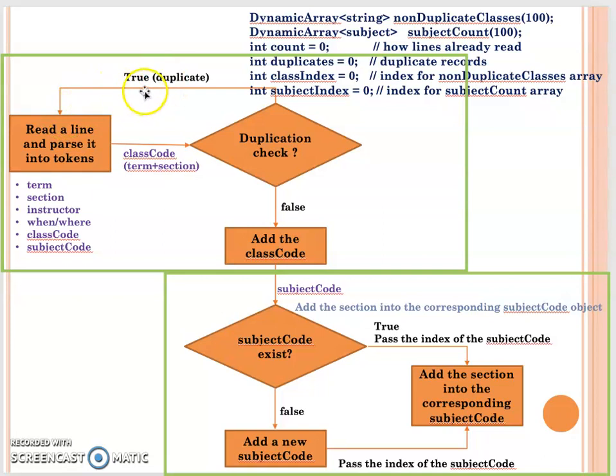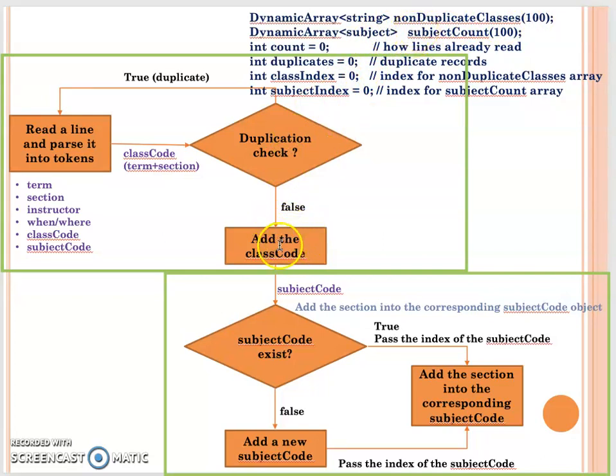On the other hand, if it's not a duplicate, that means when I check this new class code against my non-duplicate classes, they didn't have this one. Good, so if not duplicate, then you need to add this new class code into this non-duplicate array. After you add that, then continue.